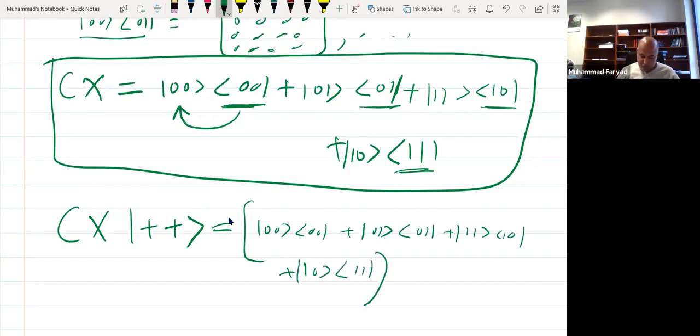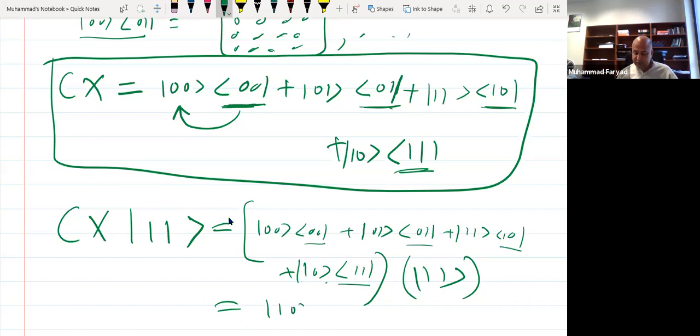Actually, this is going to be a little bit complicated, so let me write it as a state 1 1. So 1 1 comes here, because if I write plus plus, there are going to be 4 terms over there. So now when this 1 1 is in a product with this one, it will give me 1, and I will get 1 0. But when this 1 1 is multiplying with 1 0 or 0 1 or 0 0, we'll get 0. So the result is 1 0.